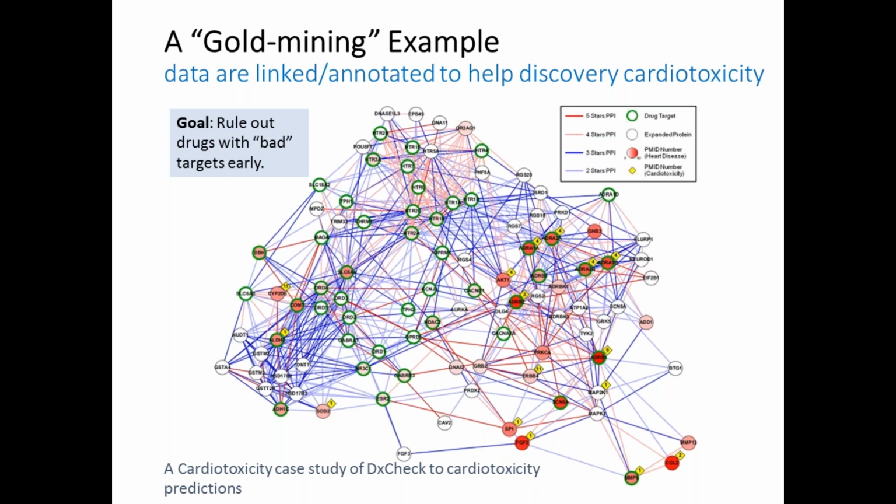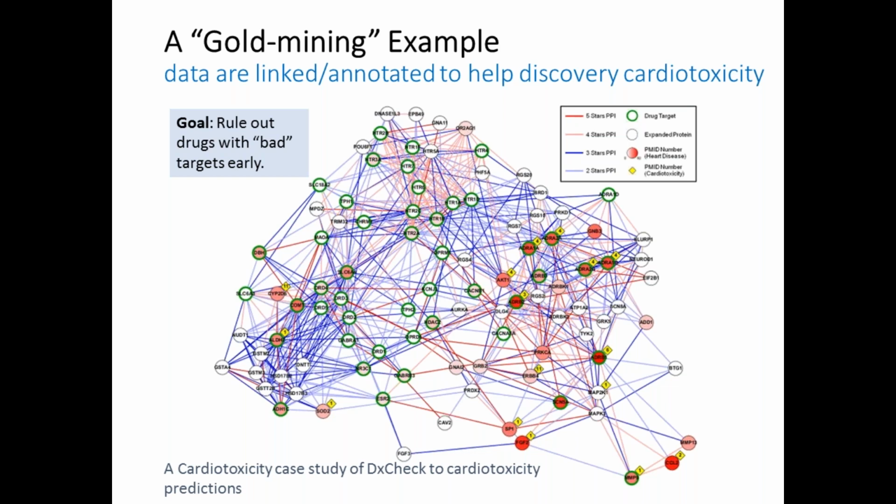And then whenever there's a PubMed article that talks about this gene possibly having cardiotoxicity, we color it red. Whenever there are interactions, we have different lines between them. All of these drugs have a certain degree of cardiotoxicity.